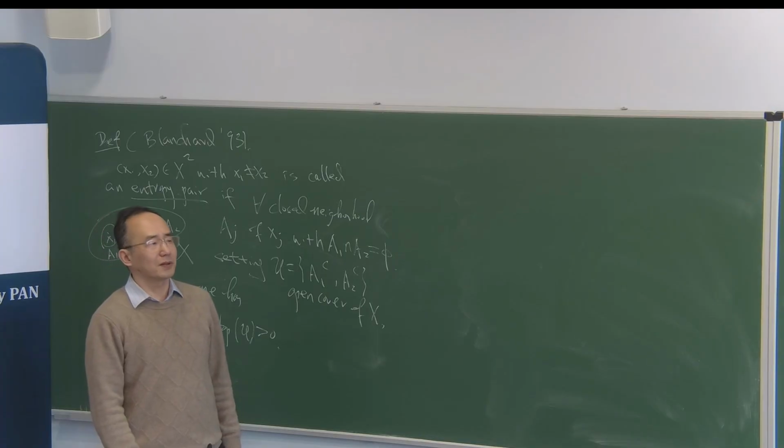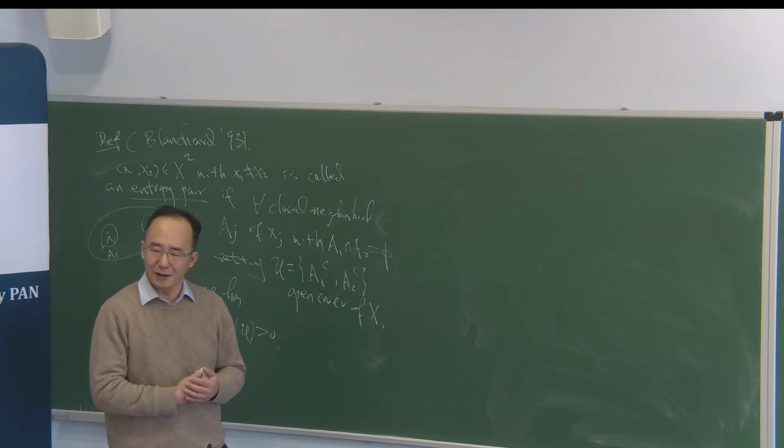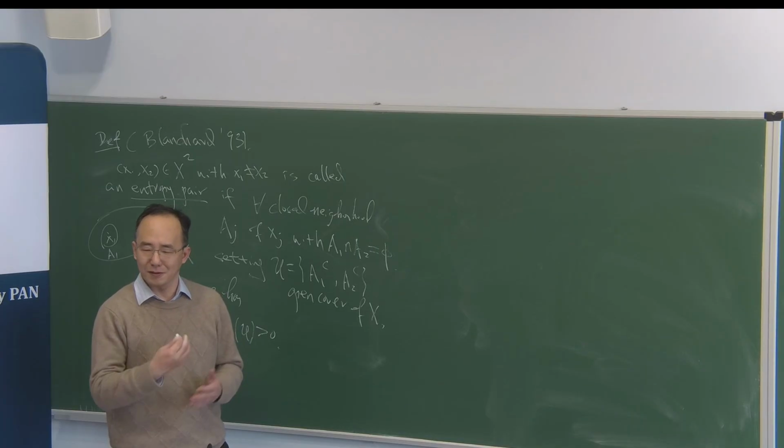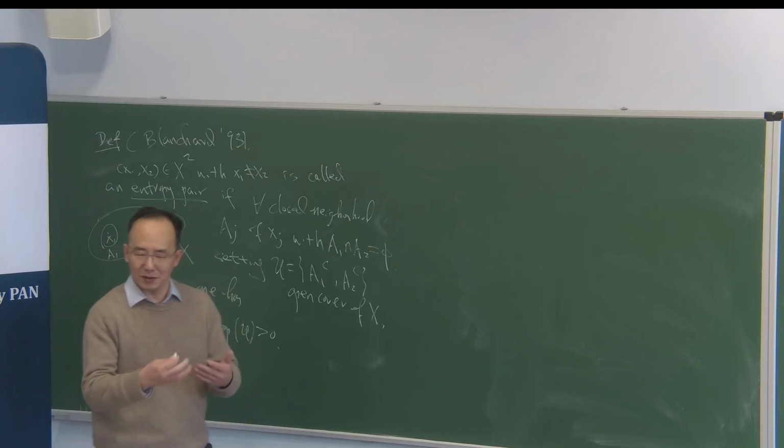Could there be some very strange examples where there's a positive lower bound? I'm not sure whether there are such strange examples, but typically they should go to 0.